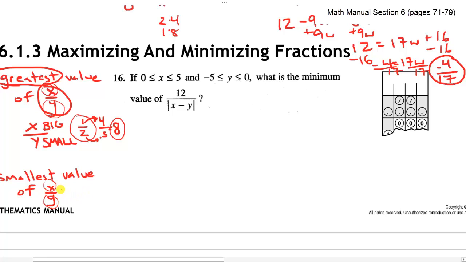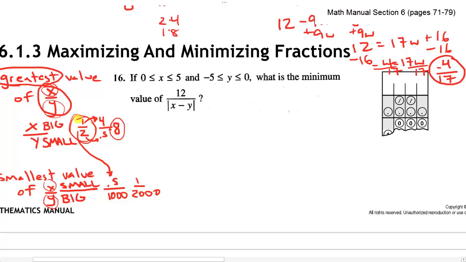If you want the smallest value of x over y, you have to do the opposite. You have to make x very small and or y really big. So again, taking this number 1/2, if I make the 1 into, let's say, 0.5, I make it smaller, and I make the 2 something really big, like 1,000, then this becomes 1 over 2,000, some very, very small number.